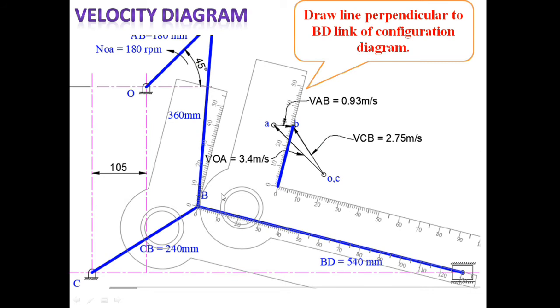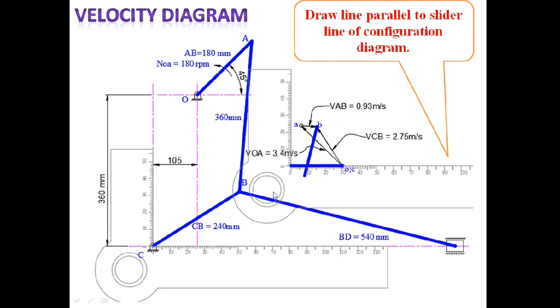Now for BD, put one scale parallel to BD and draw the perpendicular line from B in the downward direction. Why? Because the slider line is here, so it will intersect. That's why draw the line perpendicular to BD from B downward.